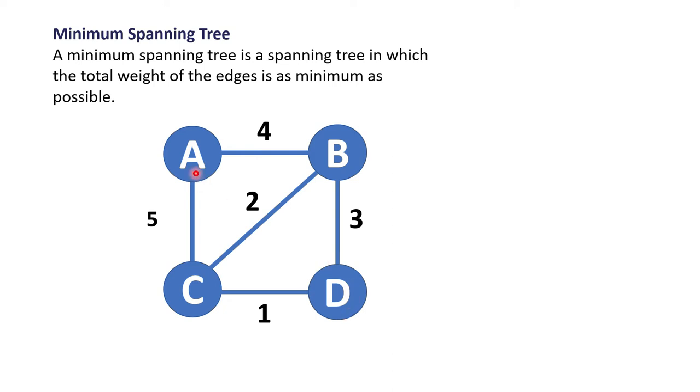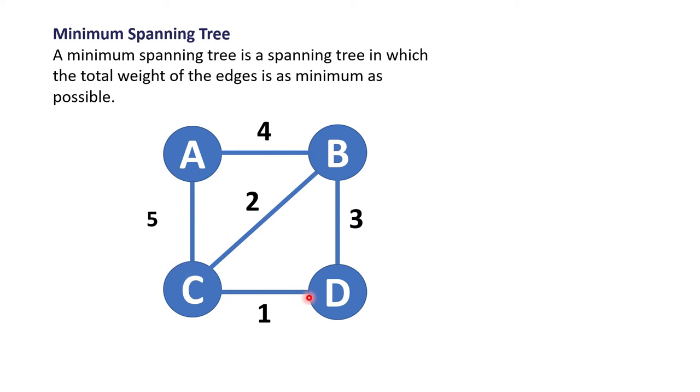So we have to find one spanning tree where the total weight of the edges should be minimum. In this example, if I take this edge 4, then 2, then 1, then I can connect all these nodes, and that will be my spanning tree with the minimum total edge weight.